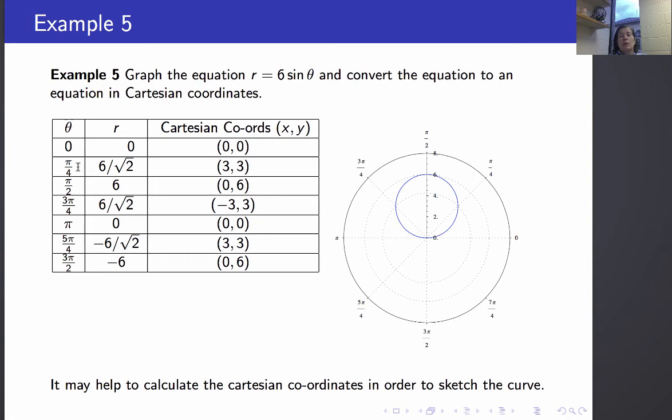And if you want to convert that point to Cartesian coordinates, x is 6 over the square root of 2 times cosine pi over 4, which is 6 over 2, which is 3, and y equals 6 over the square root of 2 times sine pi over 4, which is also 3. And in this way you might get a clearer picture of where these points are, and it might be a little easier to draw this graph.